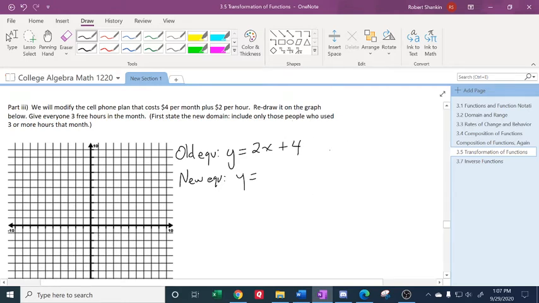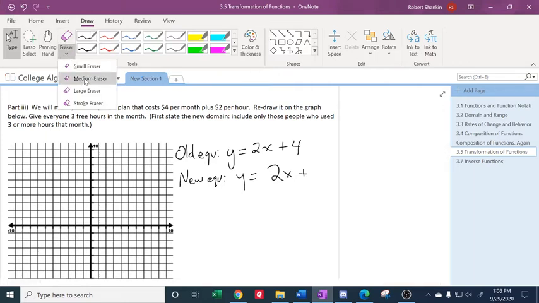Would it be y equals 2x plus, minus 2x? Kind of losing you. 2x plus 6?